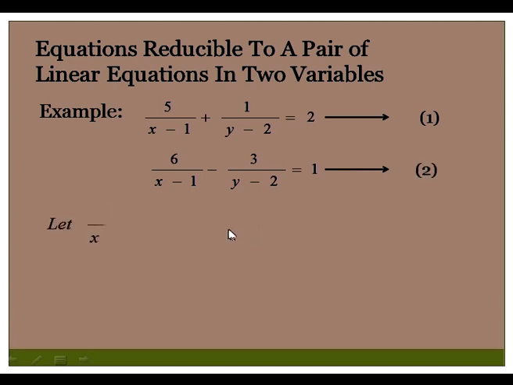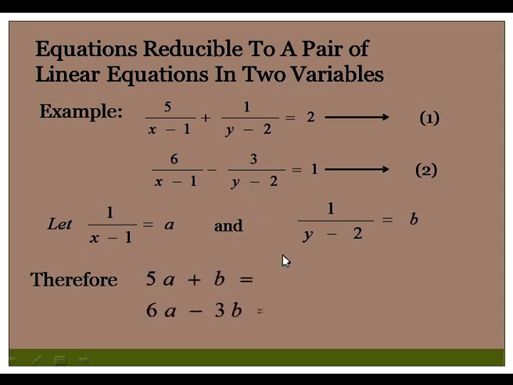For that, let us assume 1/(x-1) = a and 1/(y-2) = b, because in both the equations we find 1/(x-1) and 1/(y-2) present. So our equations reduce to 5a + b = 2 and 6a - 3b = 1.